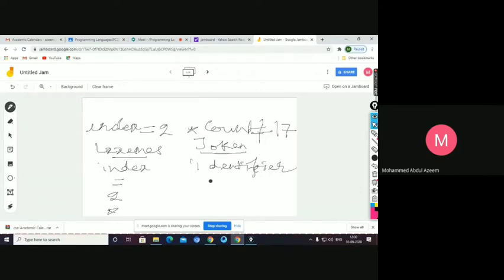Equal belongs to the equal sign token. 2 belongs to int literal. Into is a multiplication operator, right? Multiplication operator.